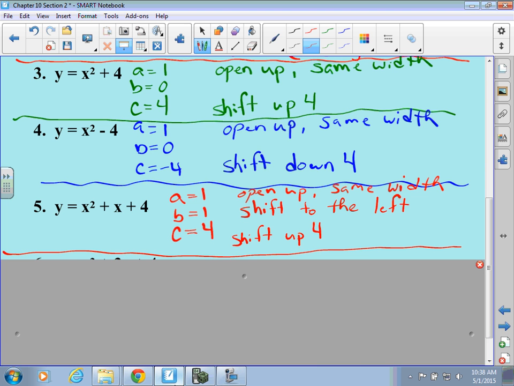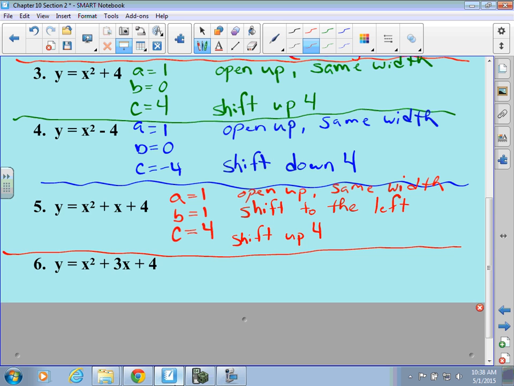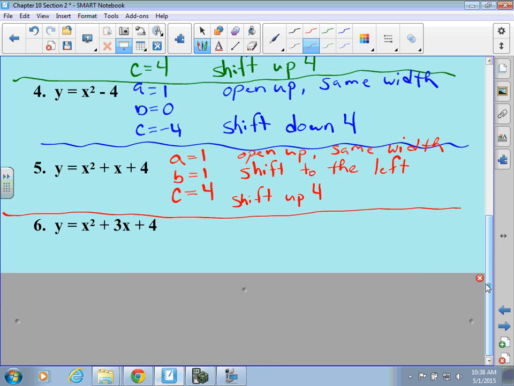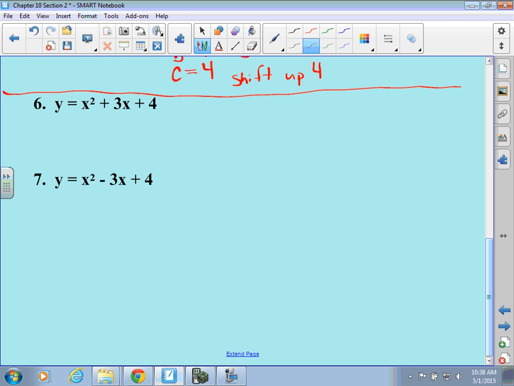Let's skip this one and let's go to number 7. All right. My A is what? 1. My B is -3 and my C is 4. All right. So looking at my A, it's going to open up. What about the width?